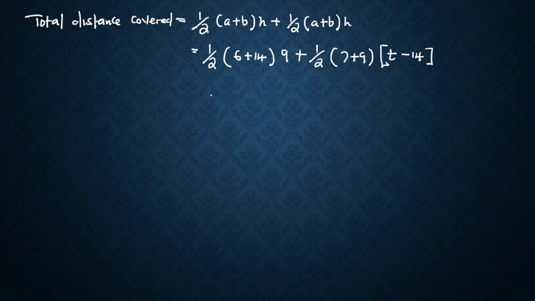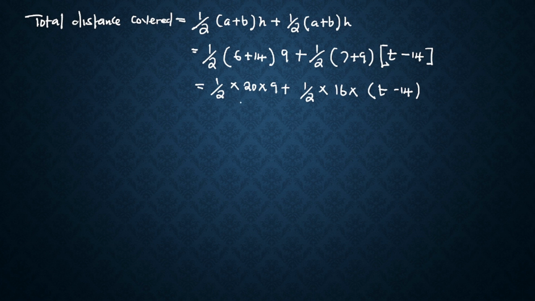Okay, so 1 over 2 multiplied by 20 multiplied by 9, and here we're going to have 1 over 2 multiplied by 16, then multiplied by the t minus 14.